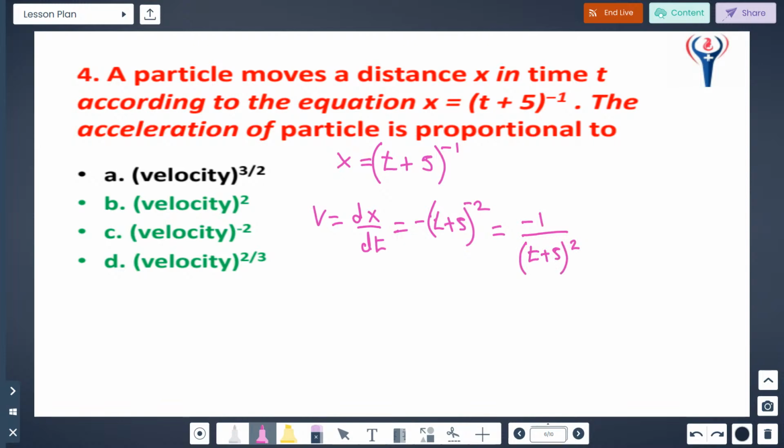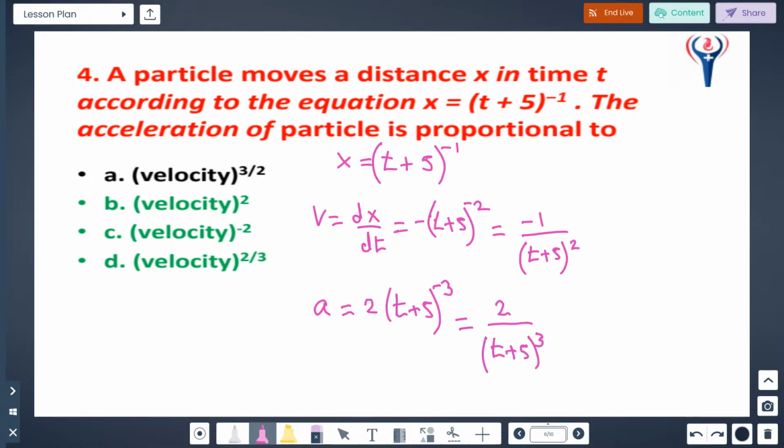And acceleration a, differentiate this again: minus into minus is plus, so 2 into (t + 5)^(-3), that you can write as 2 divided by (t + 5)^3.